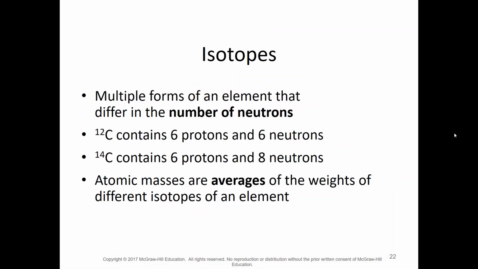Let's get on now to isotopes. So before we even do that, I just want to mention that when we talk about moles of something, if you did have a mole of a light element like hydrogen, hydrogen is incredibly light. If you remember, hydrogen has a mass of only 1 Dalton. So what would be the mass of a whole mole of hydrogen atoms?